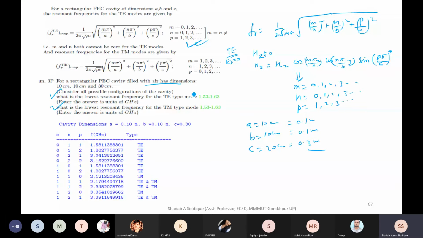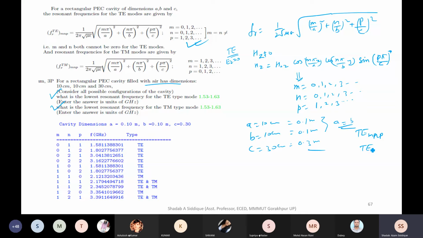So for the TE mode, we need to solve for the lowest resonant frequency. We know for the lowest frequency, for A equal to B, because A and B are both the same now, for the dominant mode, because it is TE mnp, directly we can find the cutoff frequency.